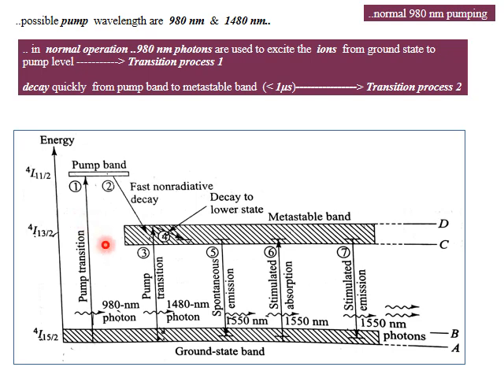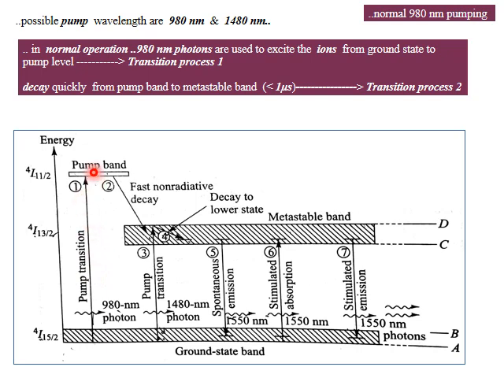This process is called transition process 1, also known as pump transition, and it involves radiation. Radiation is liberated. It is going to lose 3 valence electrons and release the radiation. Okay, this is transition process 1.